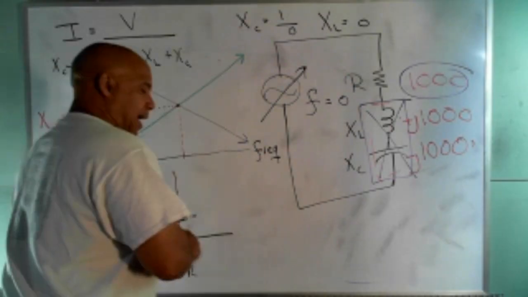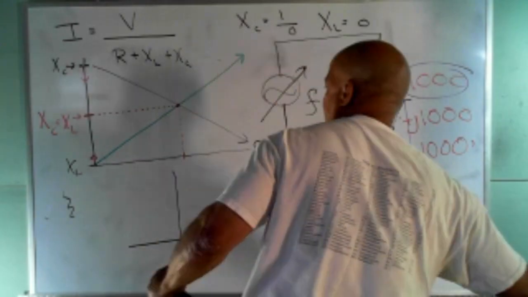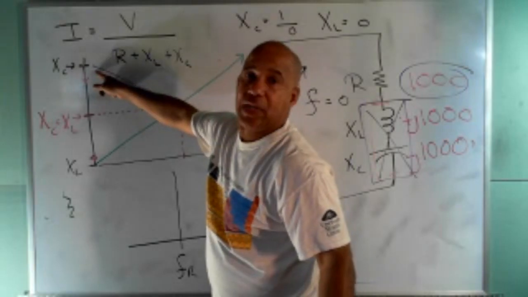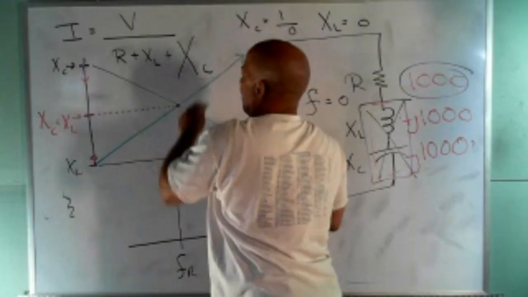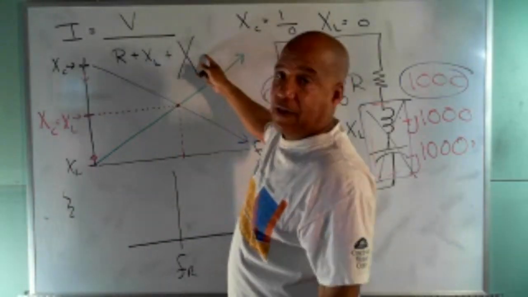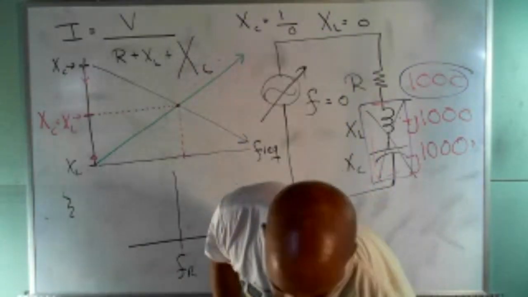Well, right now, because I'm at zero frequency, 0 hertz, XC is really, really big. So this is really big. So I'm still dividing by a large number of ohms. So that means my current is going to be really small.